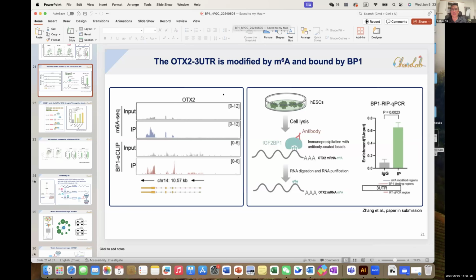Okay, I didn't put the data here. Actually in METTL3 mutants, we see a decrease of the OTX2 mRNA, just like the BP1 knockouts. So we think that if there's no M6A modification, this RNA is not stable. Okay, I hope that addressed the question.